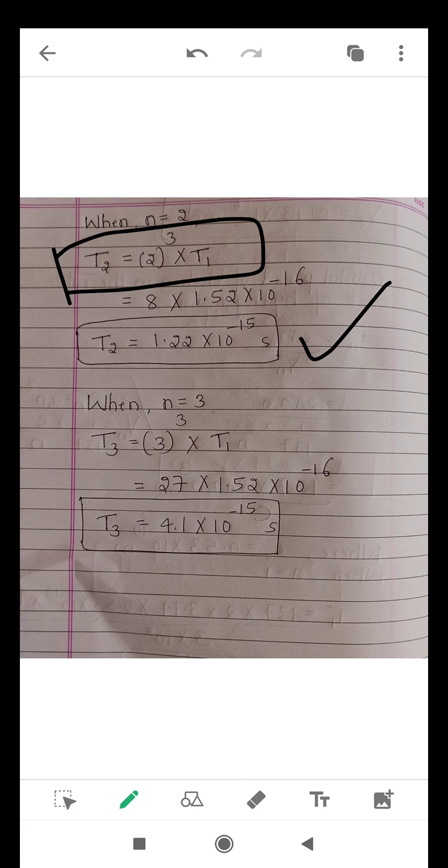Similarly, when n equal to 3, using the simplified form, T3 is equal to n cube into T1, so that is 3 cube into T1. Therefore the answer is T3 is equal to 4.1 into 10 to the power minus 15 seconds.